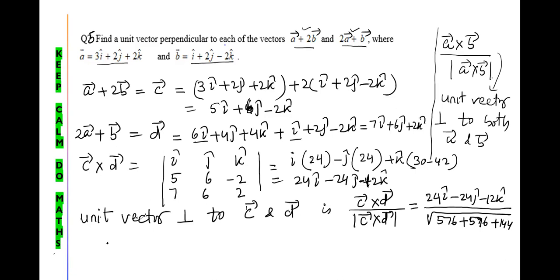So one more line. We can take 12 common here. Then you have 2i minus 2j minus k. And in the denominator, what can be taken common? 144.